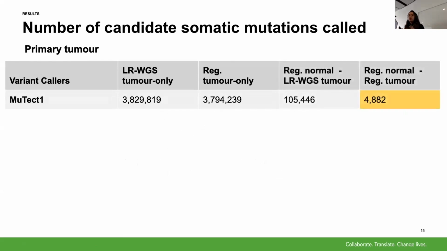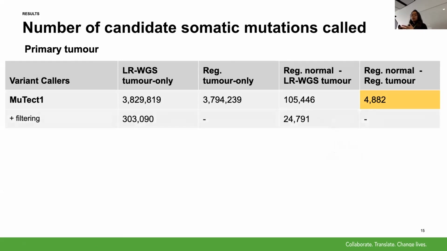When we do look at what it's built for, which is matched tumor-normal calling, we see still this significant difference of about 100,000 variants being called in the linked read whole genome sequencing tumor. And so this gold box here is our gold standard, essentially. We expect that the number of calls would be around the regular, normal, regular tumor calls.